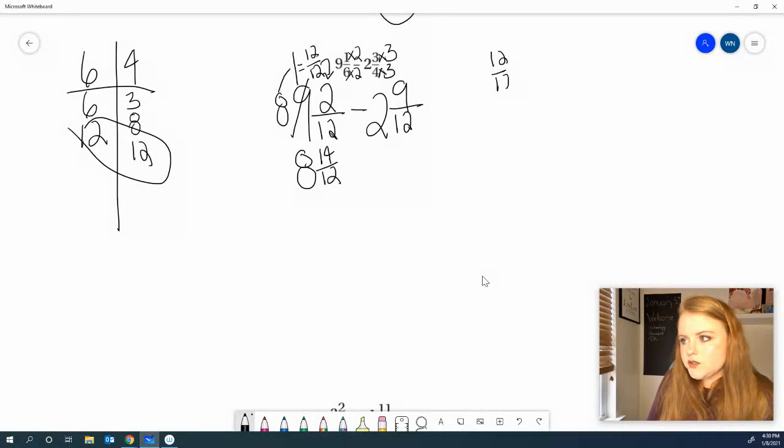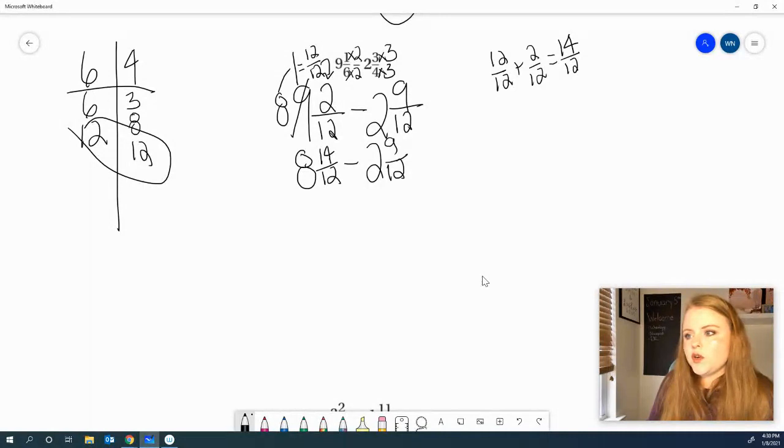Denominator stays the same. You get 14/12. So that goes down here. Minus 2 and 9/12. 14 minus 9 is 5. Yes, it is. Had to double check that. 8 minus 2 is 6. My answer is 6 and 5/12.